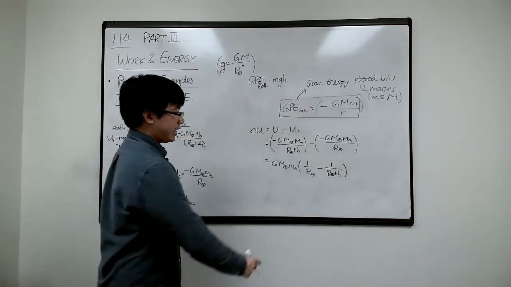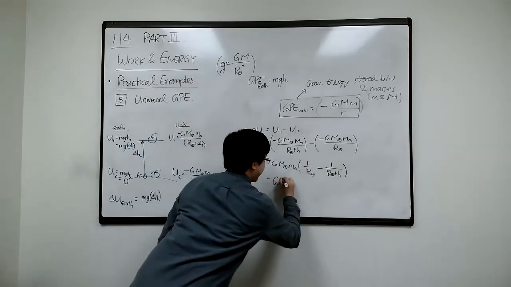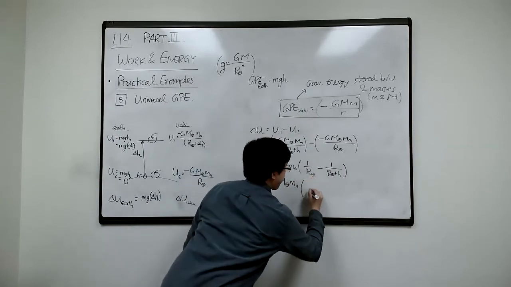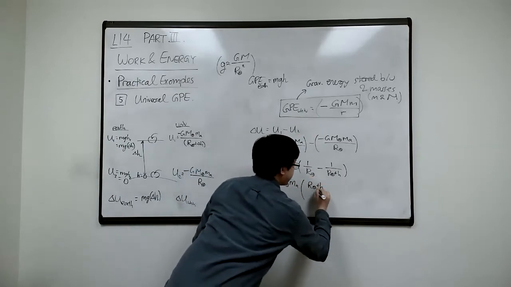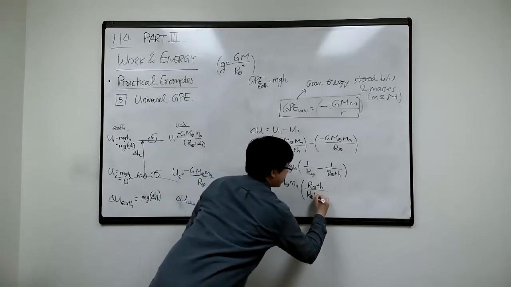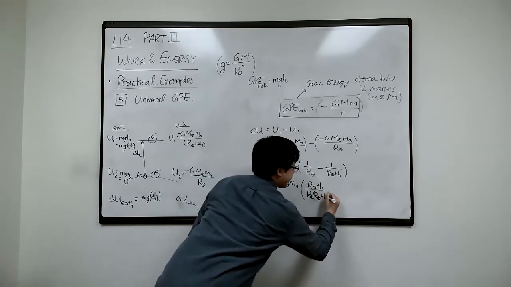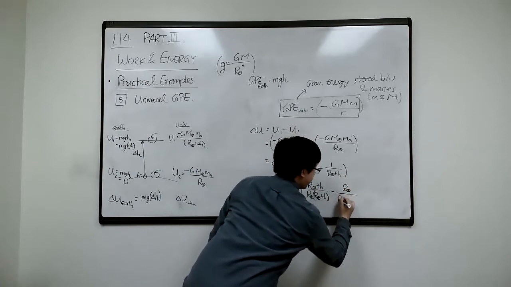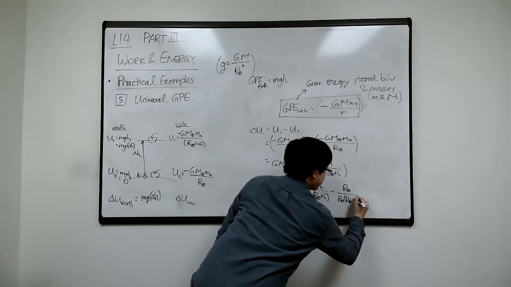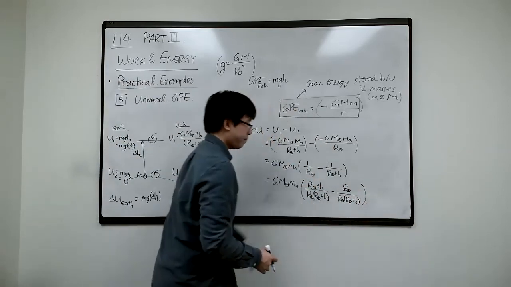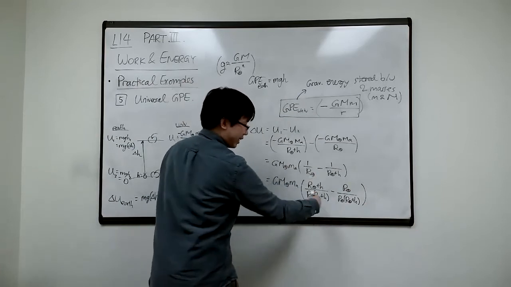Can I simplify that? Yes, I can. If I multiply this top and bottom by R Earth plus H, the bottom will give me R times R plus H, and here I can multiply top and bottom by R Earth. Now I have a common bottom if I multiply it correctly.